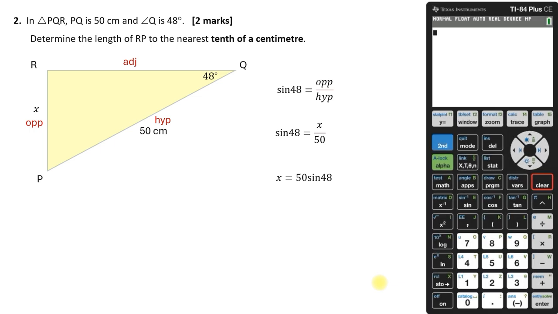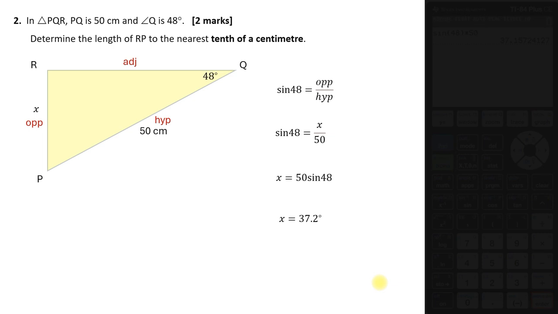We're looking for the value of 50 times sine 48. So we put in sine 48, close our brackets, multiply by 50, and that gives us a value of 37.15, rounded up to 37.2.